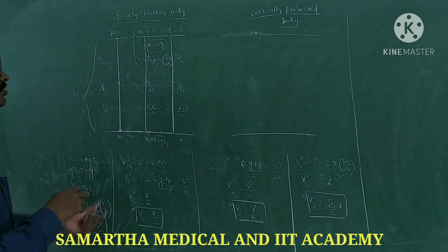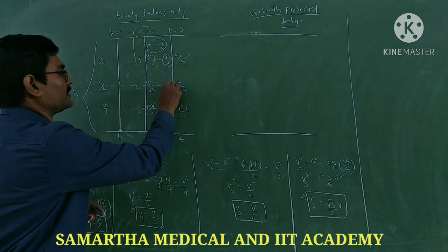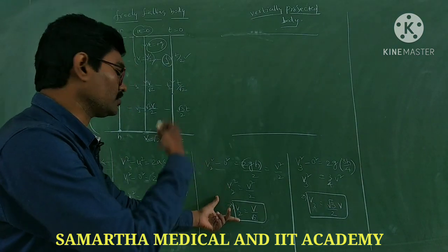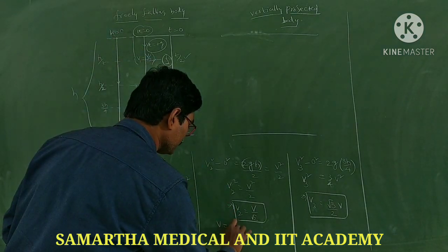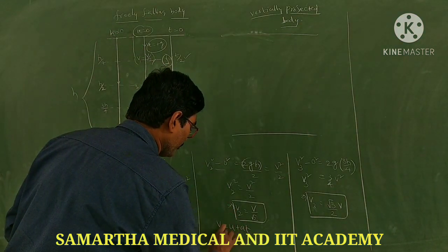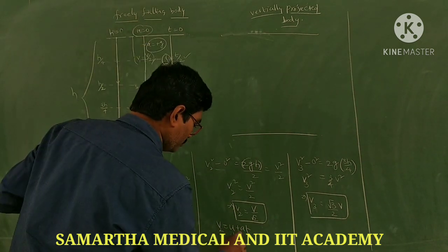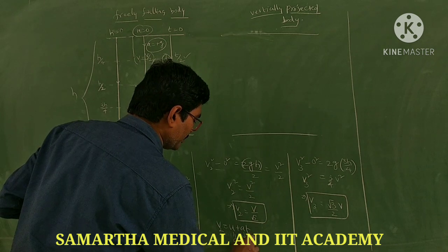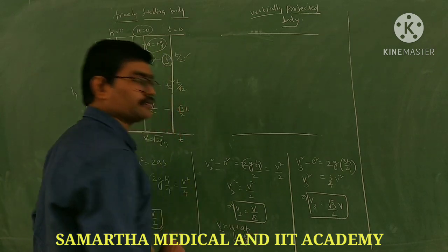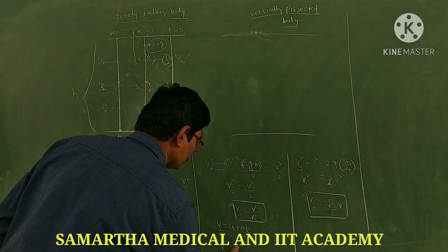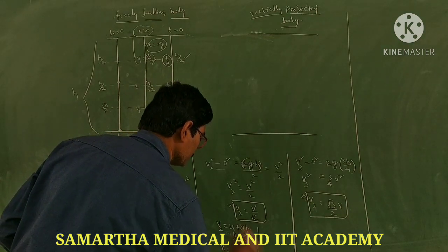Next, go to this. This is T2. Which condition? Second condition. So use v is equal to u plus at. v2 equal to u plus g t2. Starting condition only, u is 0. a is g, t is what? t2. Okay, so what you will get? v2 is equal to g t2.